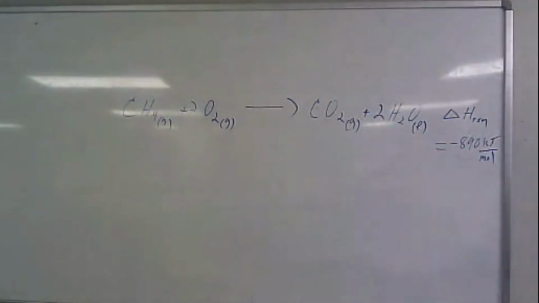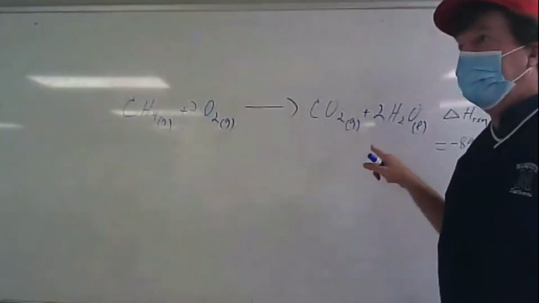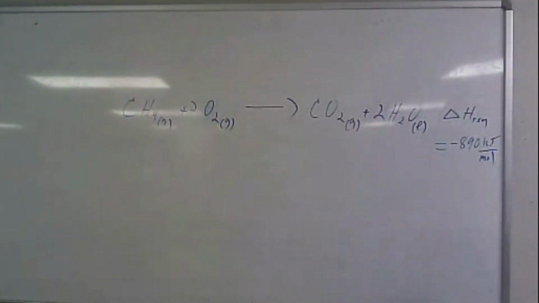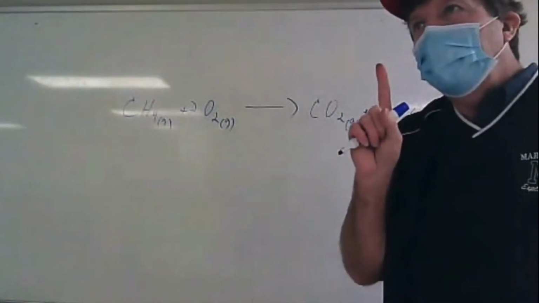So make a note of that. That's essential, that you have to have the states of matter there, because enthalpies change depending on what the states of matter are. Next, this is critical.